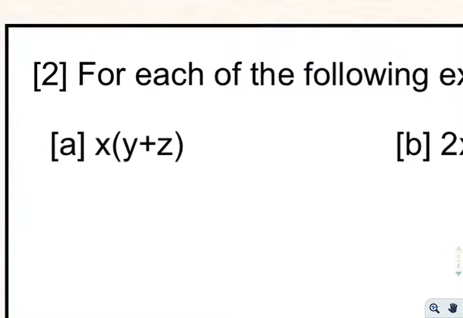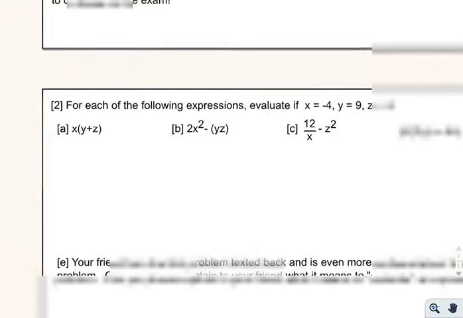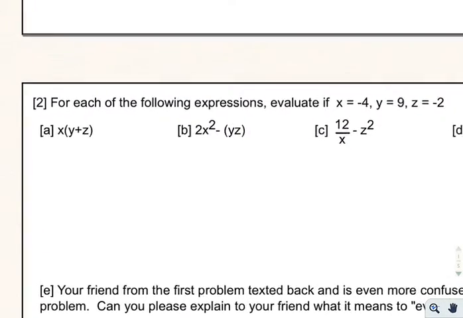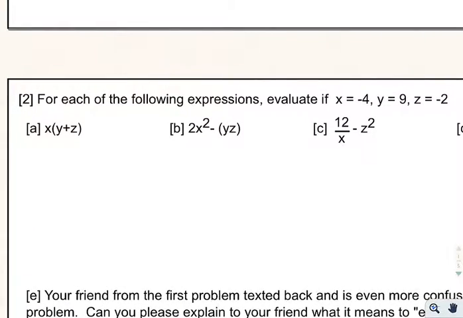So we have x times a quantity, and that's what parentheses mean, quantity, y plus z. So we probably should find values for all this, and let's maybe just write it out. My sincere advice to you would be don't be lazy here. Go ahead and rewrite the whole thing just with the replacements, and put those replacements in parentheses. So we have this x, and I see x equal to negative 4.